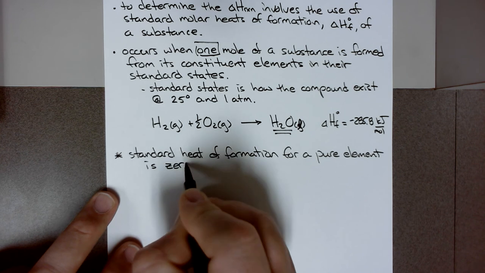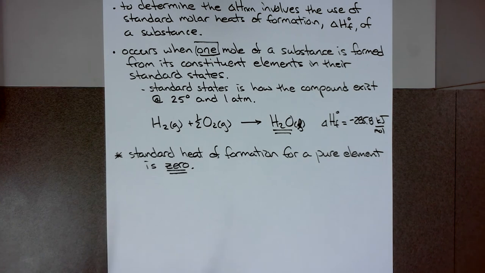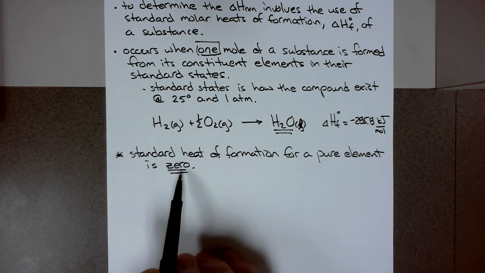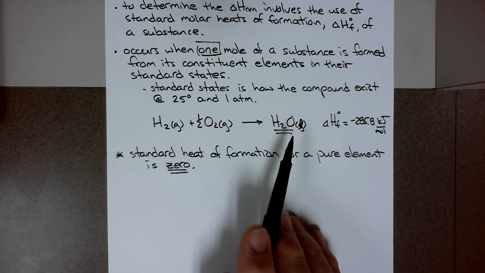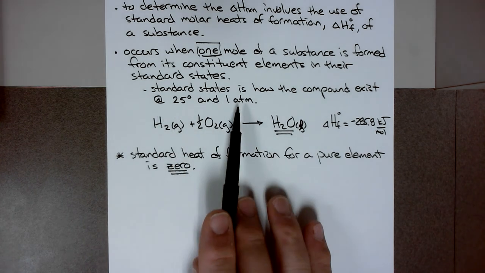The reason it's 0 is because elements are already formed. You don't form an element, so you're not going to use energy to form an element. So they have a 0 value. But remember, we're looking at forming compounds. And the standard conditions, of course, are 25 degrees and 1 atmosphere.